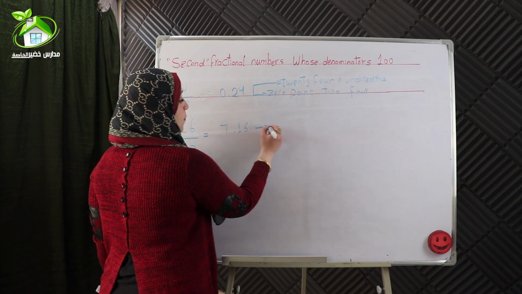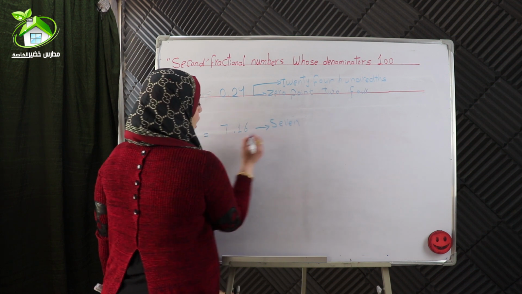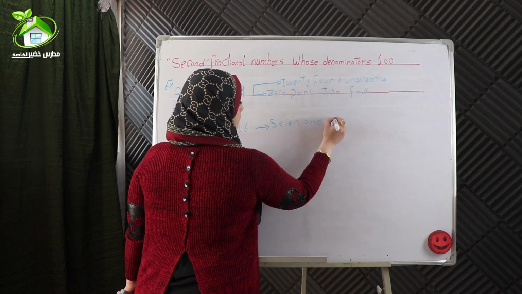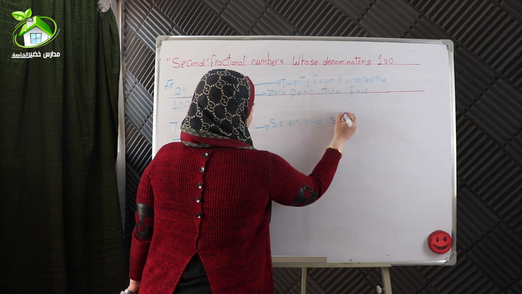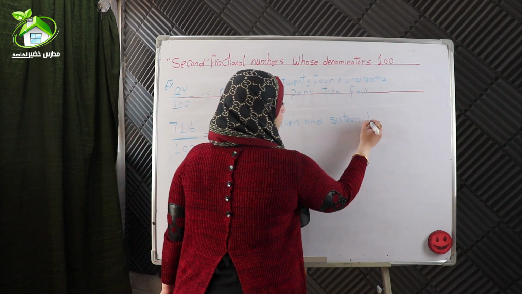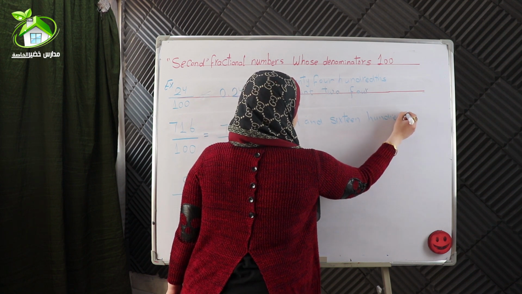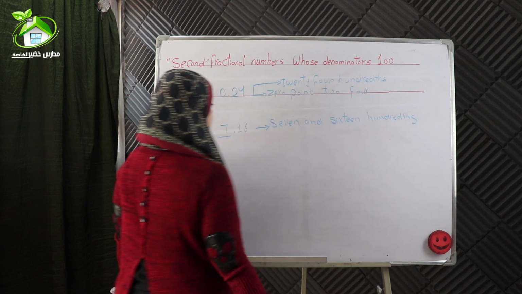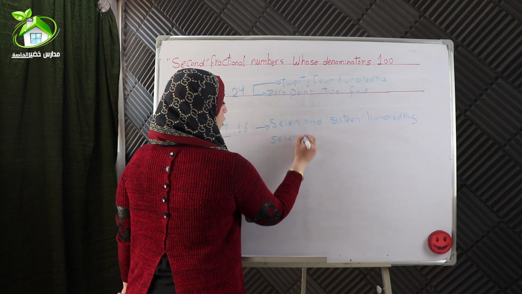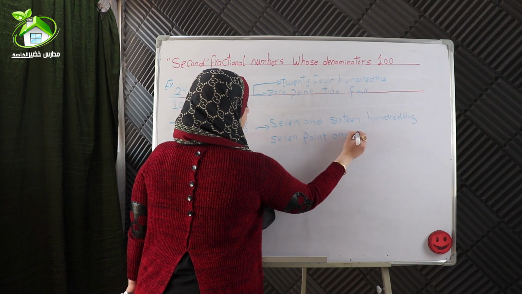The first one, 7 whole numbers and 16 hundredths. The second method, 7.16.